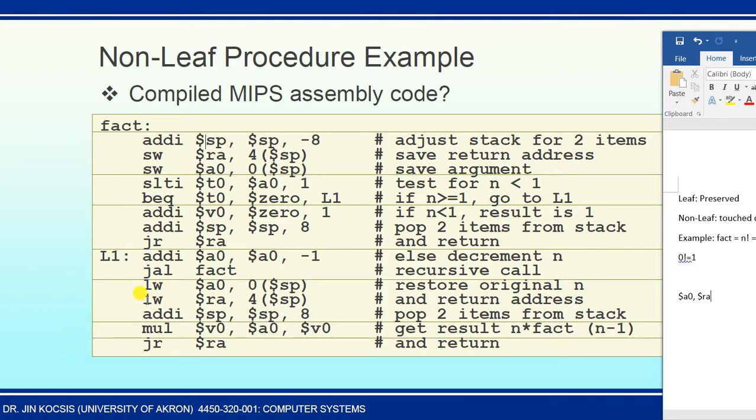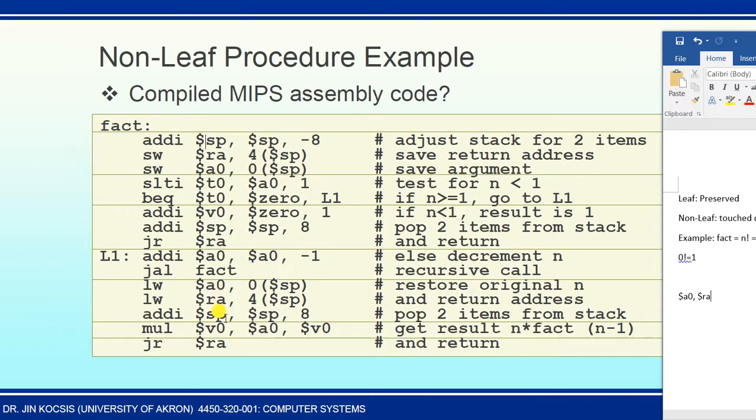You do not have to pop off the return address register here, but you can pop it right before the jump and return. In other words, you can pop off the original value of RA right before you use RA again. But as I said, high-level language and assembly language are not one-to-one mapping, so you can still just pop them out together. So basically, I pop off the original value of A0, and I pop off the original value of RA.